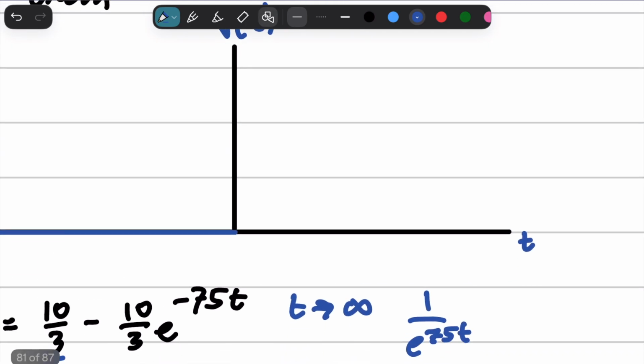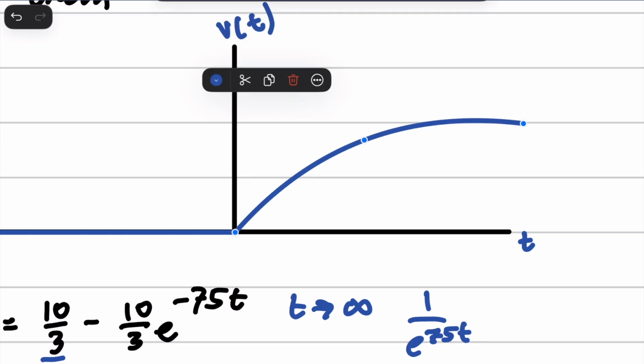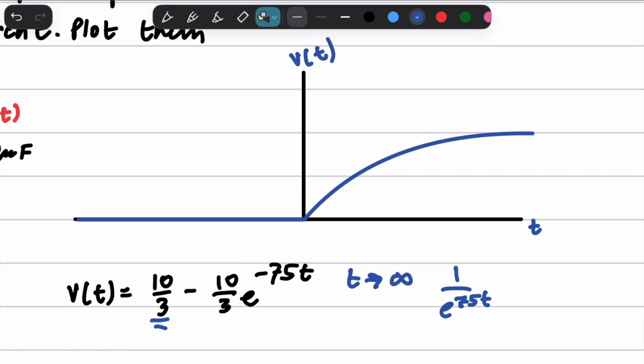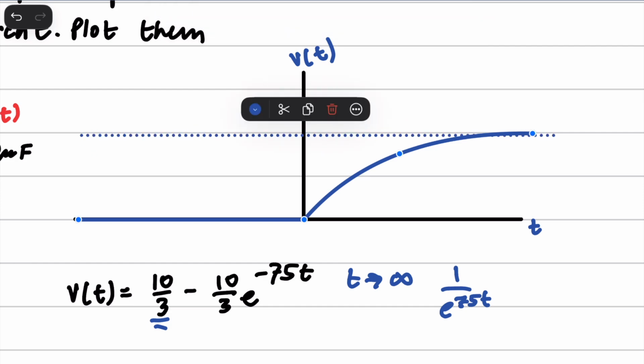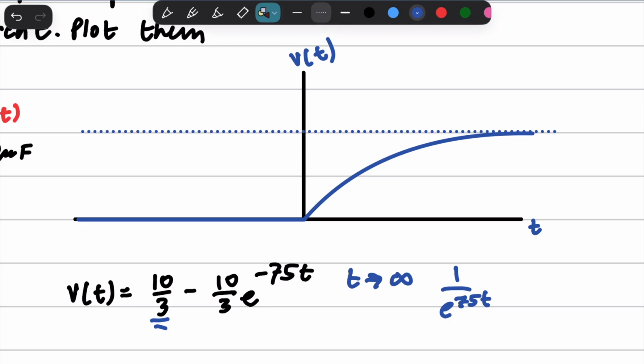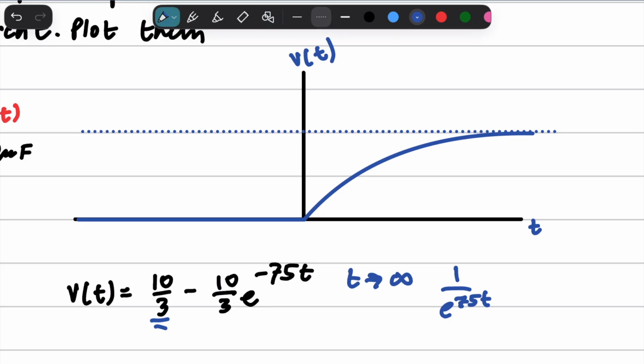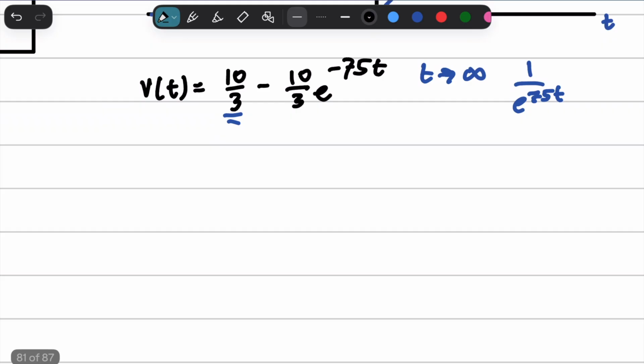So we are going to have an asymptote that is approaching 10 thirds. Okay? That's the graph. Let's go ahead and find I of t.